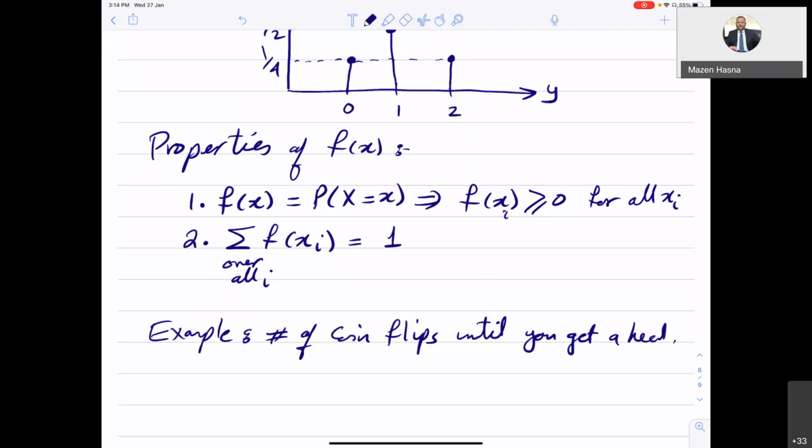To switch or to stay. So you can call the decision to stick to your door X equals 0, and the event that you switch the door X equals 1, and you calculate the probability of X equals 0. It's 1/3. Probability of X equals 1 is 2/3. They add to 1, and they are both positive.